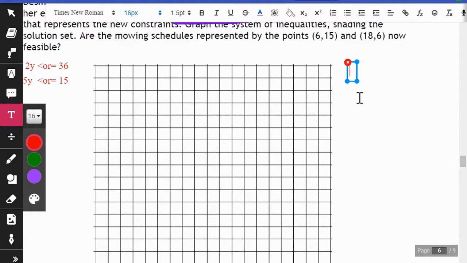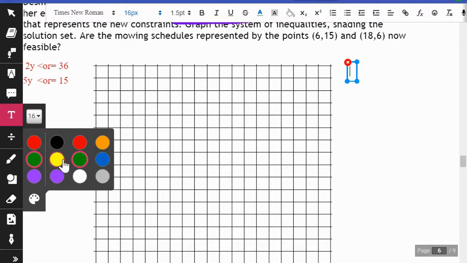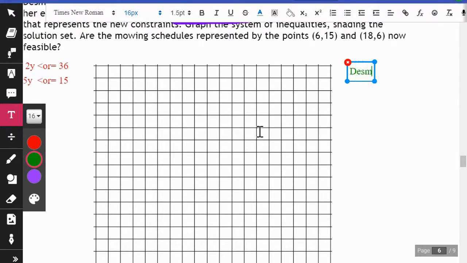So to graph this, we'll do Desmond first in green. Desmond. I'm going to graph the x plus 2y equals 36 first. So if x equals 0, then y equals, oops, I meant 36, which means that this is now y equals 18.